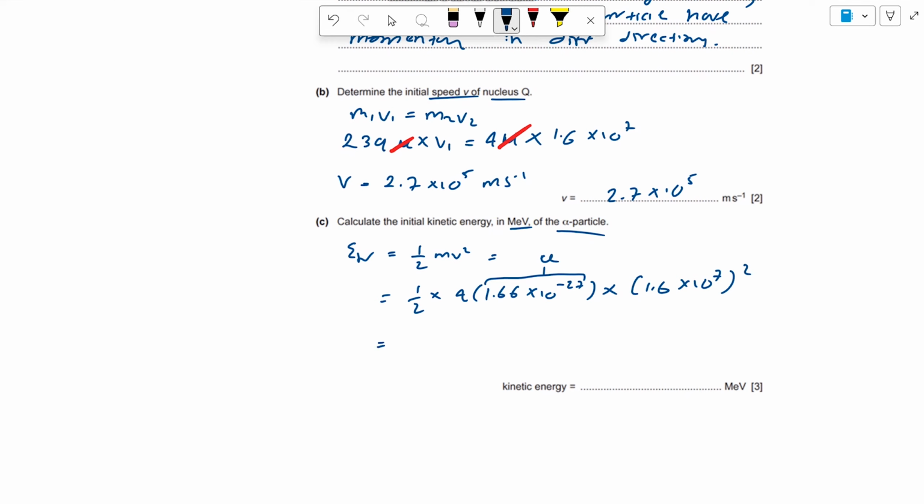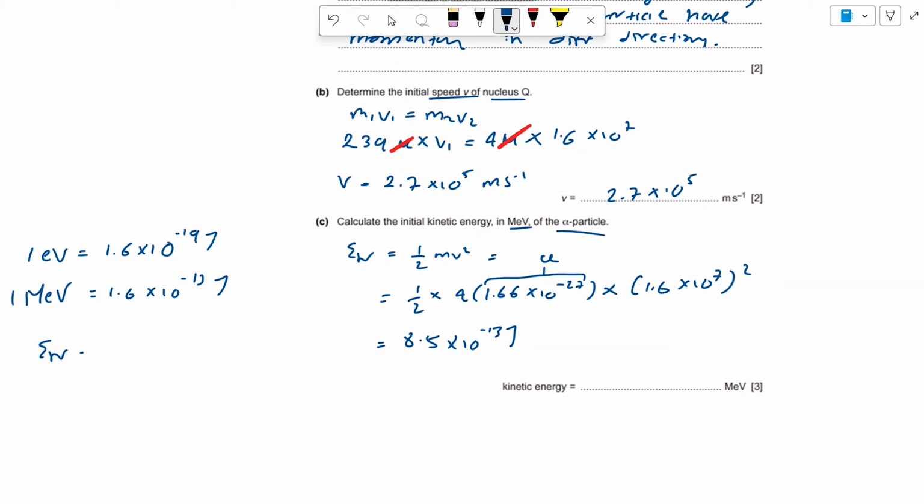That will give us 8.5 times 10 raised to the power of negative 13 joules. We also know that 1 electron volt is equal to 1.6 times 10 raised to the power of negative 19 joules, and 1 mega electron volt is equal to 1.6 times 10 raised to the power of negative 13 joules.